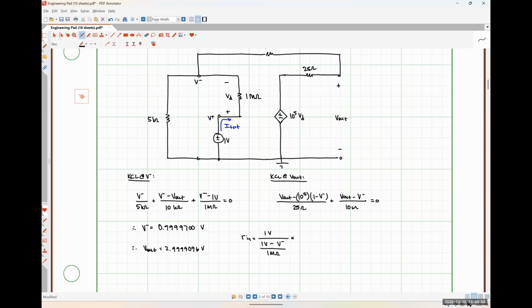And if we plug in the value that we got for V minus, we wind up getting 3.328 times 10 to the 10 ohms, or 33.28 giga ohms. Okay.